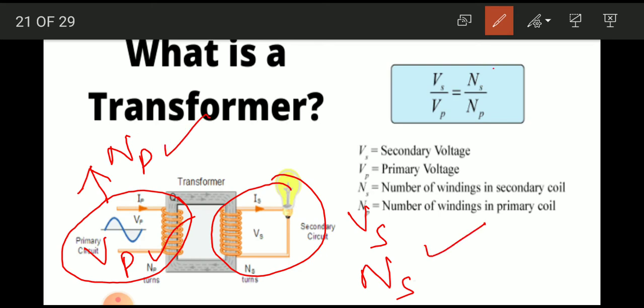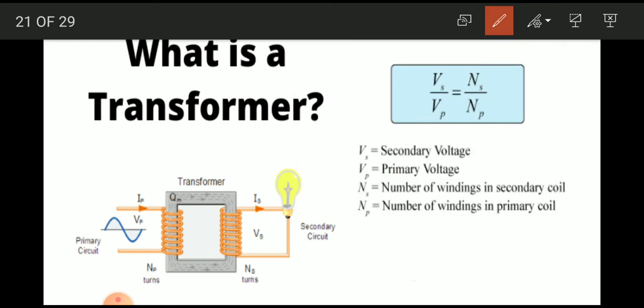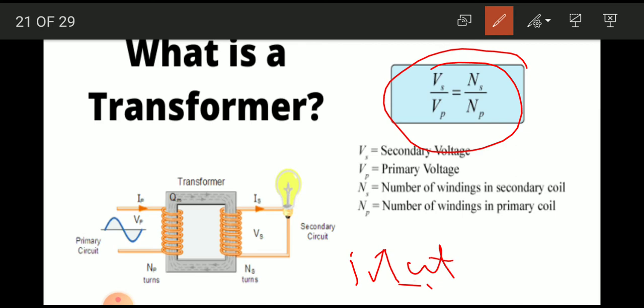Now the ratio between the primary voltage and the secondary voltage, Vs/Vp, is equal to the number of turns in the secondary coil to the number of turns in the primary coil, Ns/Np. It is written already here. Working principle is mutual induction.